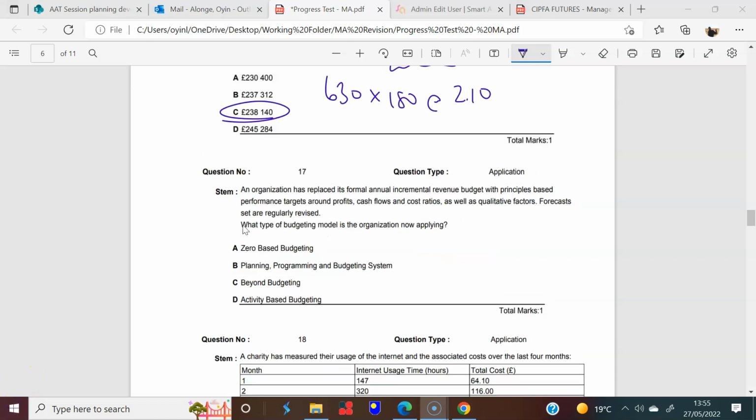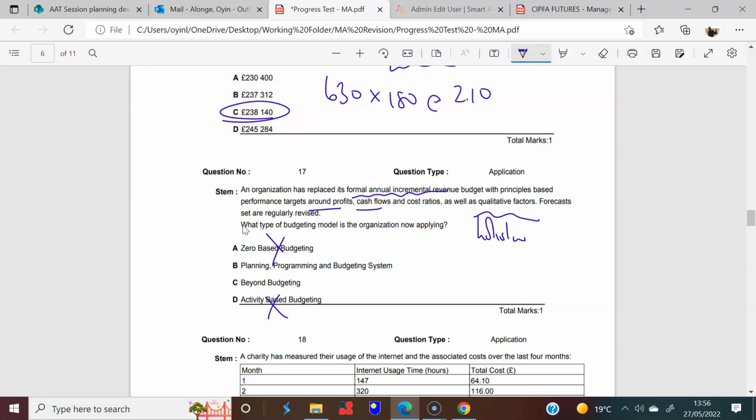Question 17 is really saying, listen, you've stopped using your typical annual incremental revenue budget, and what we're now doing is using a different method that is, if you like, holistic. It's looking at qualitative factors. So we know that's not zero-based budgeting. We know that's not activity-based. It's looking at cash flows.